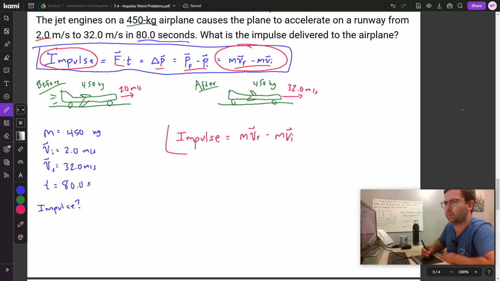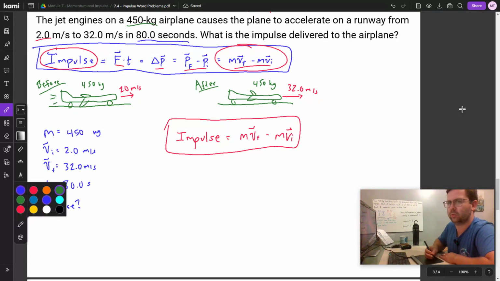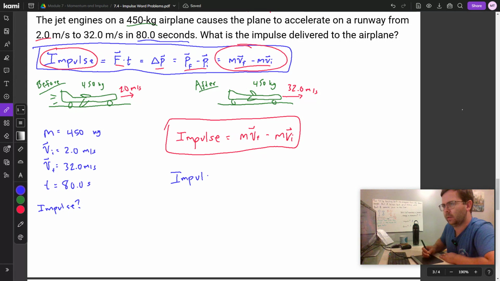So that's our equation that we're going to be using for this problem. Now it's just a matter of substituting in our numbers. So the mass is 450 kilograms. The final velocity is 32. And then the initial velocity was just 2.